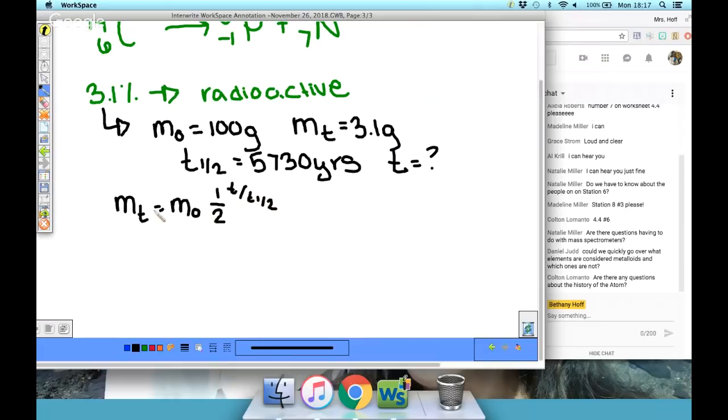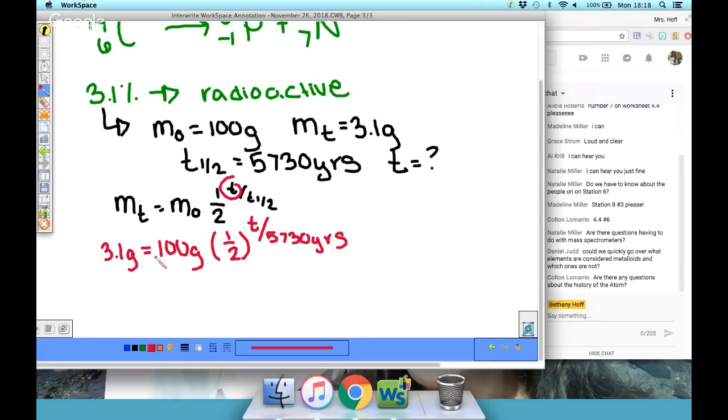So we're going to start plugging some information in. We know m t, so let's plug that in. That's 3.1 grams. At m naught, we have 100 grams. This is all raised to 1/2. We don't know our t. This is our unknown, so it's going to be t. And then our half-life is 5,730 years.